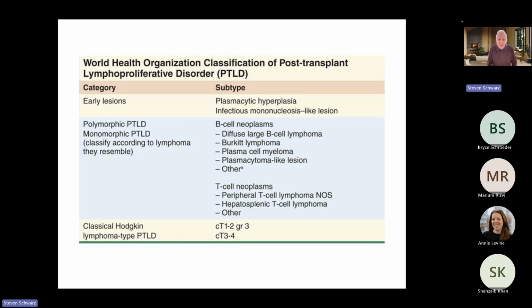Later on, one can develop both B cell neoplasms and T cell neoplasms. And of course, it can also lead to a classic Hodgkin's lymphoma type. So initially, clonal expansion, proliferation of lymphocytes. If this goes unchecked, it can lead to frank B or T cell neoplasms.